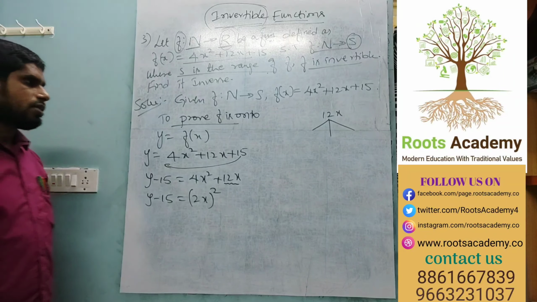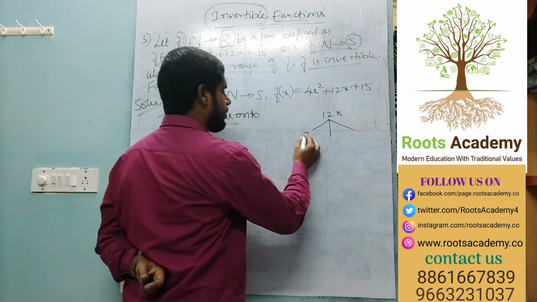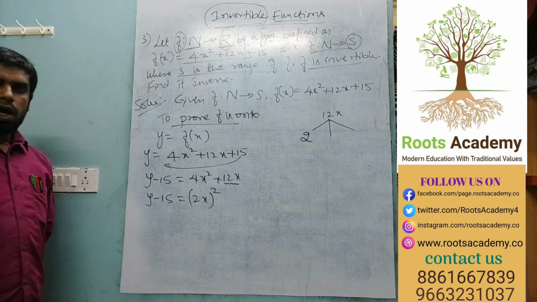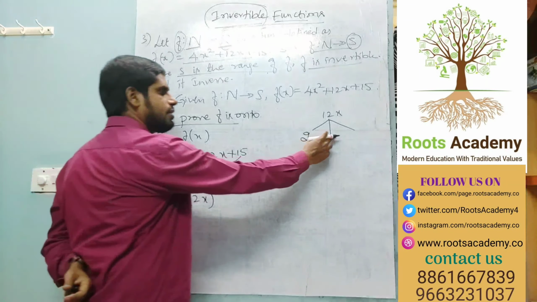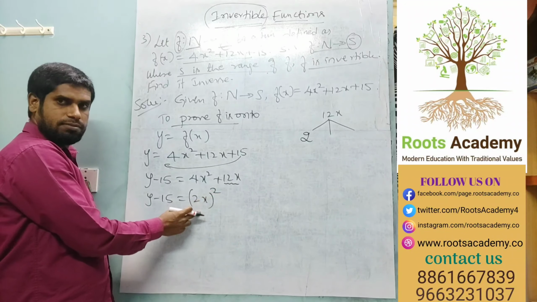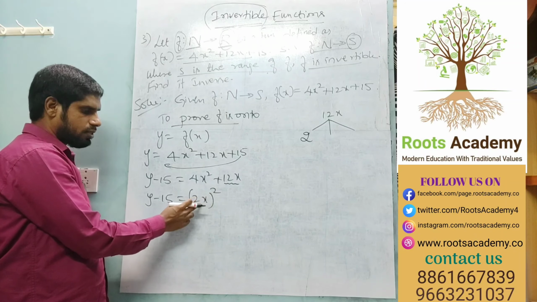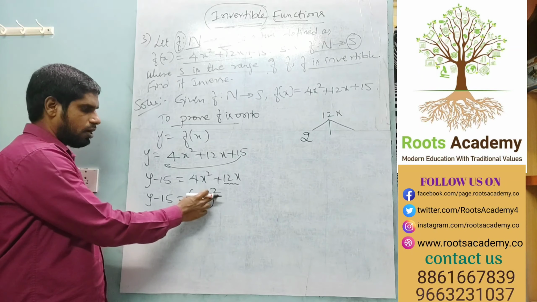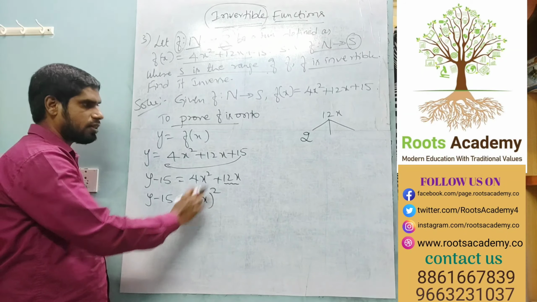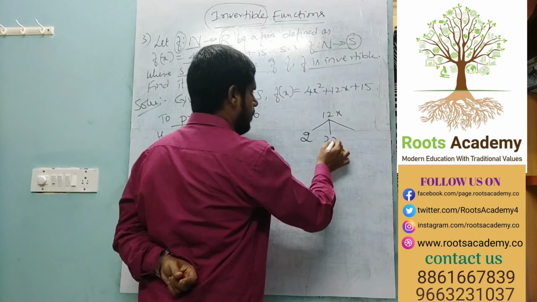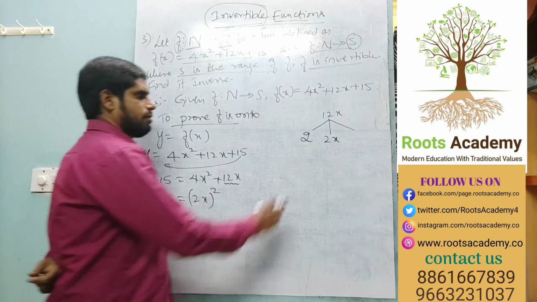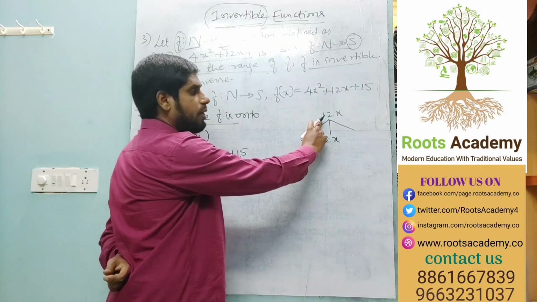The rule here is the first factor must be 2. And the second factor is, in the first term, whatever the term we have written under the square, that we should write. Okay, 2x. The next, we should get complete 12x.